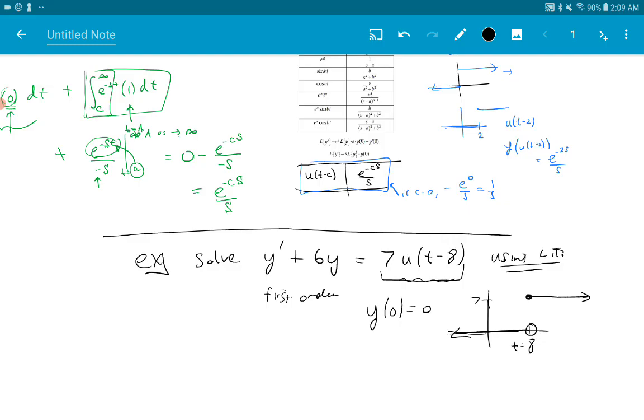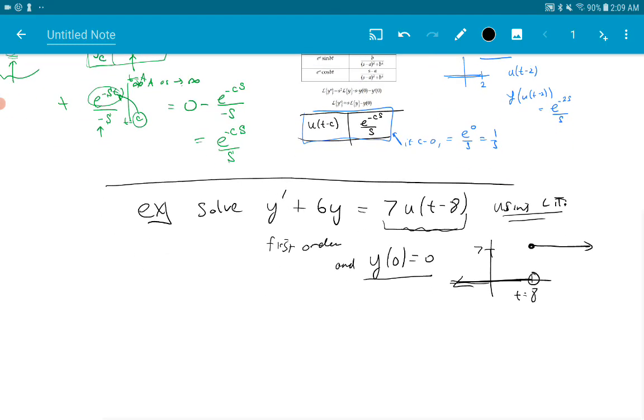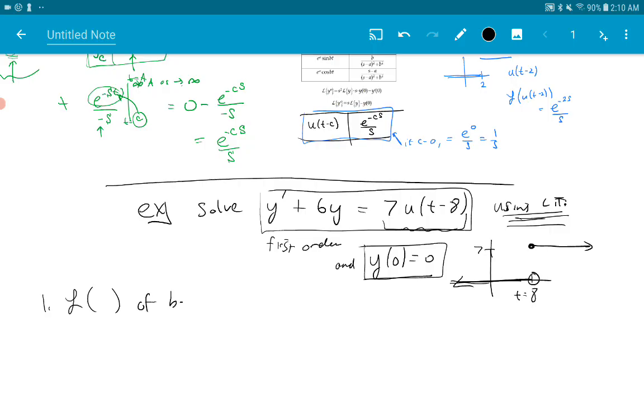You can't solve differential equations using Laplace transform unless you have an initial condition. If it's second order, you'd need two initial conditions, one for y and one for y prime. But this one's only first order, so we only need this one initial condition. So remember the method. Step one: take the Laplace transform of both sides.